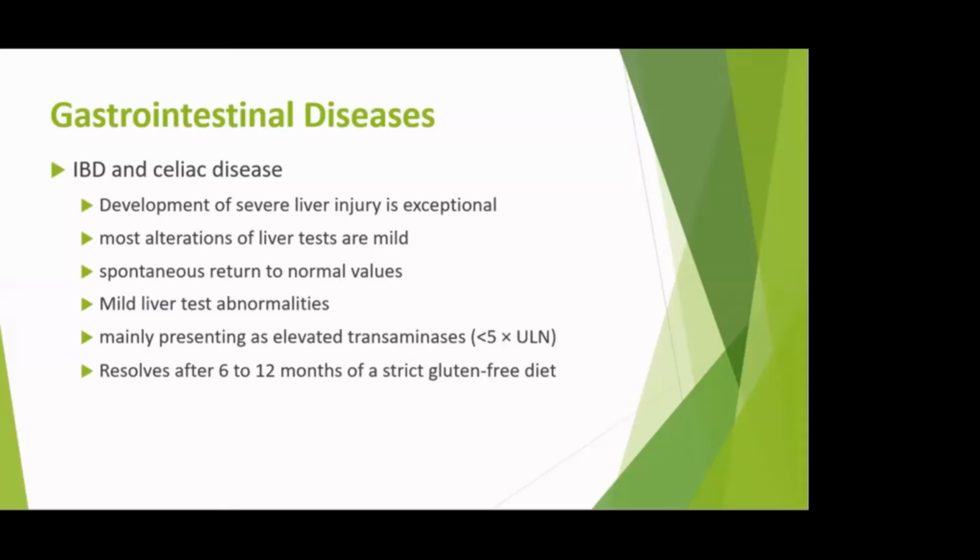Most alterations of liver tests are mild and related to activity of the primary disease, with spontaneous return to normal values. They are mild liver test abnormalities, mainly presenting as an elevation of less than 5 times the upper limit of normal.